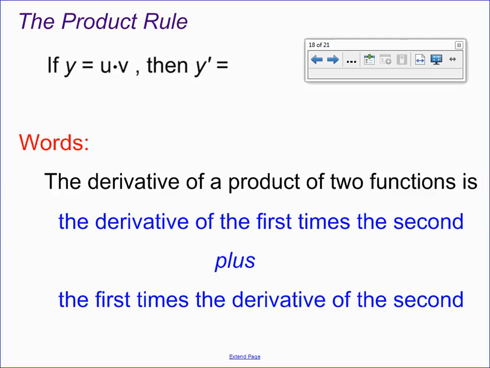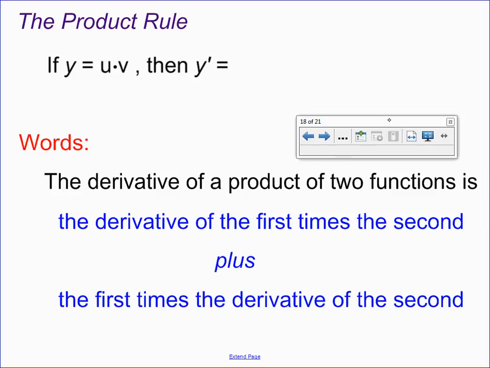If I let u be the first function, and if I let v be the second function, then the derivative of a product of 2 functions is the derivative of the first function times the second function plus the first function times the derivative of the second function. And so now we have it symbolically and verbally.